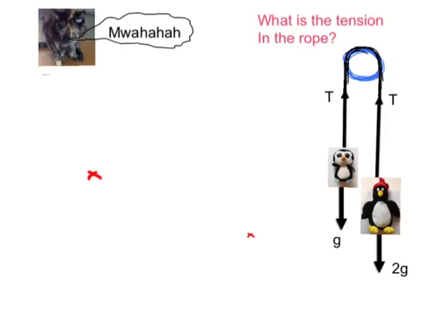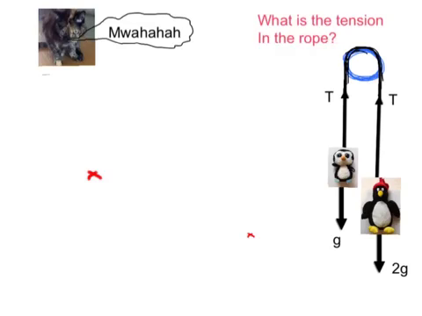Right, so let's look at what we do. Well, because we have the light inextensible string and the smooth pulley, we can treat this as one system. Now, obviously, Cedric weighs more than Waddles, so the system is going to accelerate in this direction, okay?